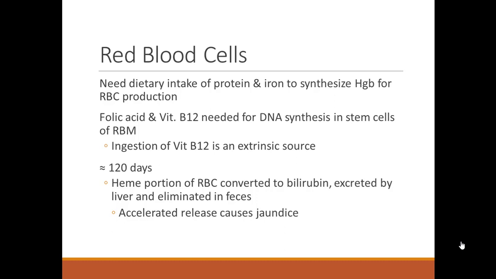The normal red blood cell level for a male is about 4.71 to 5.17, and for a female, it's 4.2 to 4.87. When we see higher levels of red blood cells, we're going to think chronic hypoxia.